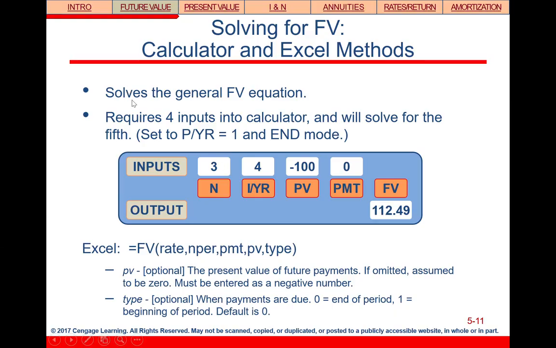So for each financial calculator, there are 5 very important elements here. N represents the number of years, I/YR represents the rate of return, PV represents the present value, PMT represents the payment happening in each period.